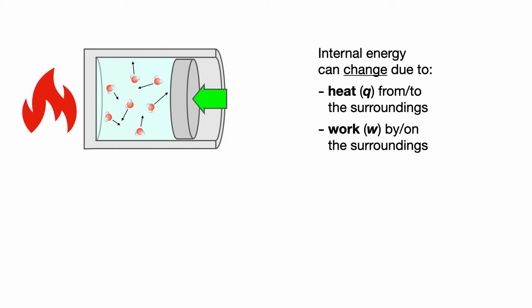So both heat and work affect the internal energy of a chemical system, and the sign convention is that positive values of heat and work refer to increases in the energy of the system. And so the total change in internal energy is equal to the sum of the heat going into the system plus the work being done on the system.